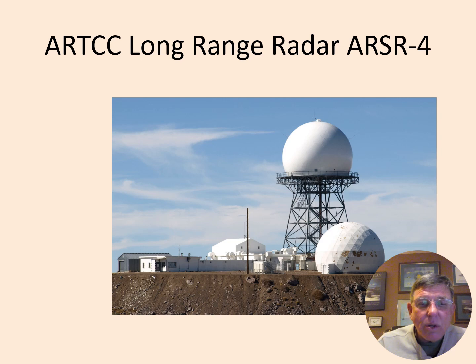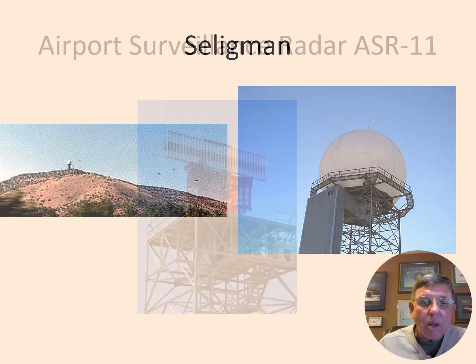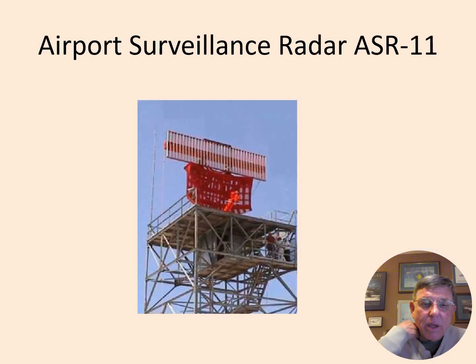So I think these are the long-range radars that are up near Seligman. You may have seen them if you fly up in that area, used by Albuquerque Center. And then the surveillance radars that are down in the Phoenix area typically have only a range of 40 nautical miles. These are getting to be very old units, expensive to maintain.